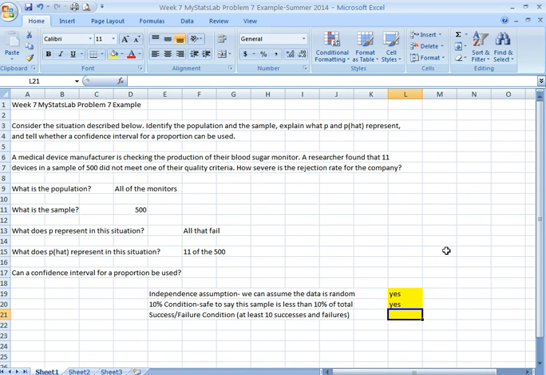We have to have at least 10 successes and 10 failures. Remember, we have already stated that in this problem we're looking for failures, so successes would be failures. In that case, we have 11 of those, which is greater than 10, so we're good there.